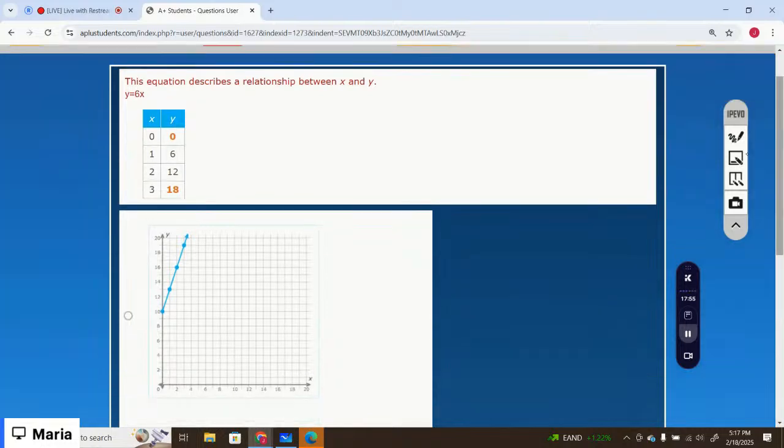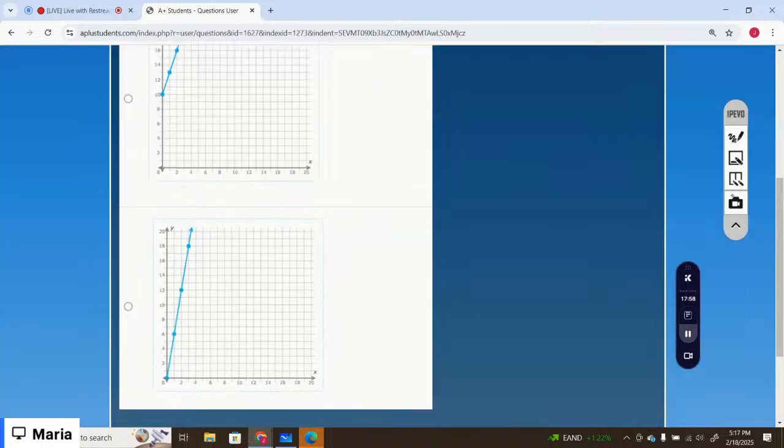Y equals 6x. Option number 2 is the correct option.